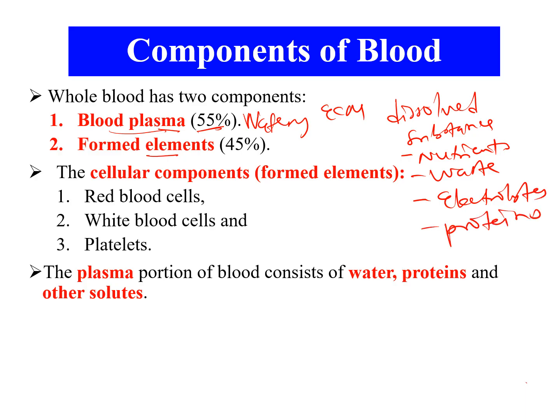The formed elements are the cellular components of blood, and they include red blood cells and white blood cells, as well as platelets. Platelets, however, in comparison to the red blood cells and white blood cells, which are complete cells, are simply cellular fragments.